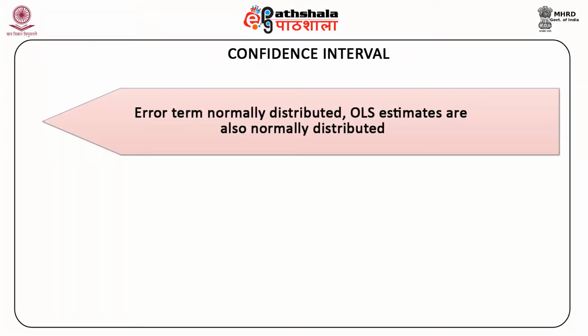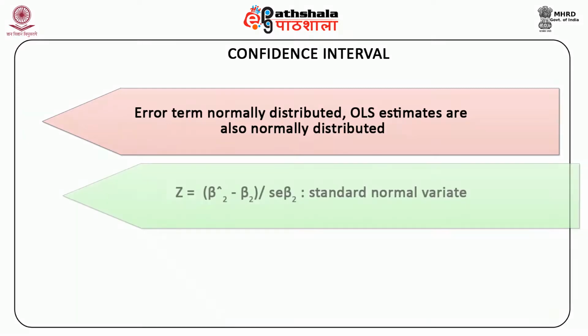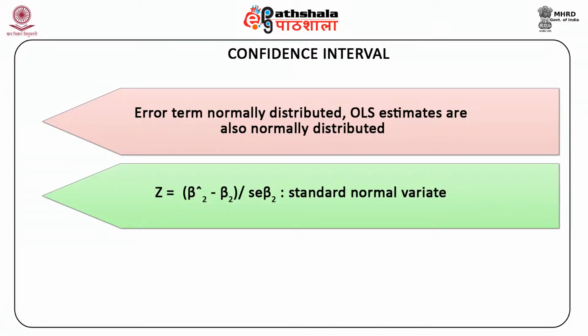Since the error term is assumed to be normally distributed, the OLS estimates of beta 1 and beta 2 are also normally distributed. Z is equal to (beta hat 2 minus beta 2) divided by SE of beta 2 is a standard normal variate. However, since the true population variance is not known, we use sigma hat instead of sigma.